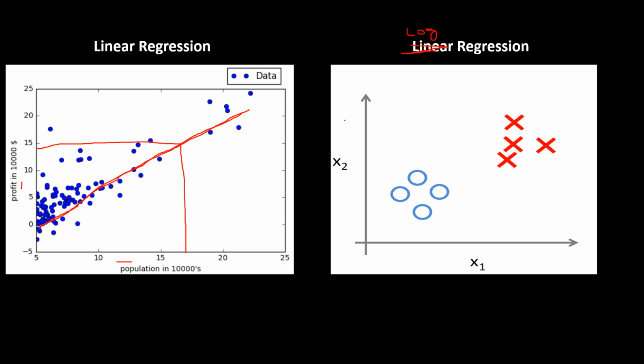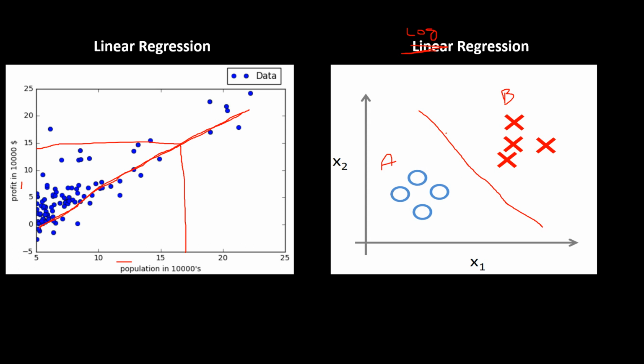Whereas in case of logistic regression, this is also a supervised learning problem where we know the two categories. This data belongs to category circle or category A, and this data belongs to category cross or category B. The goal here is to learn a decision boundary between these two categories like this. So it's basically learning a classifier or a boundary between the different classes.